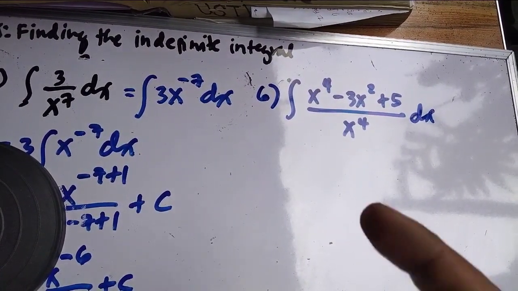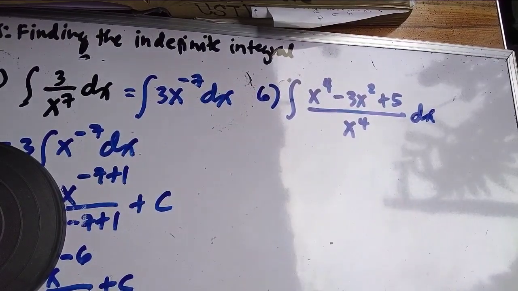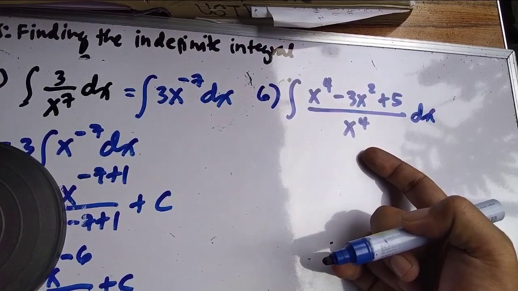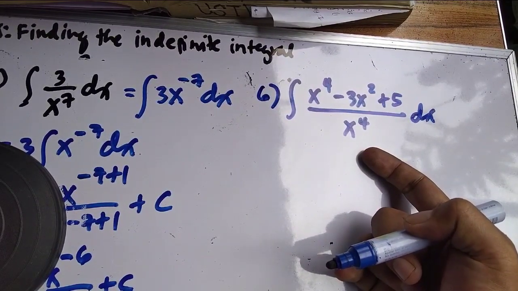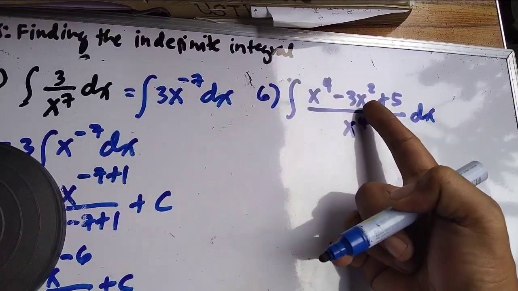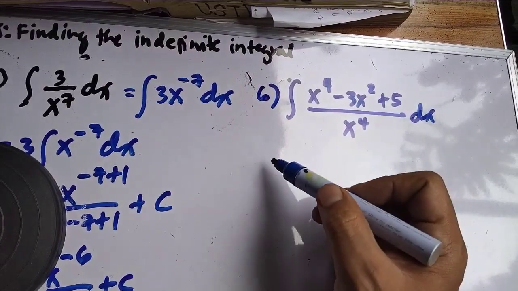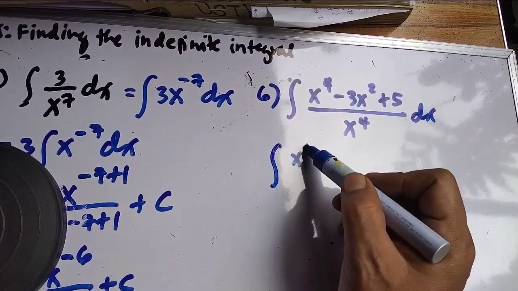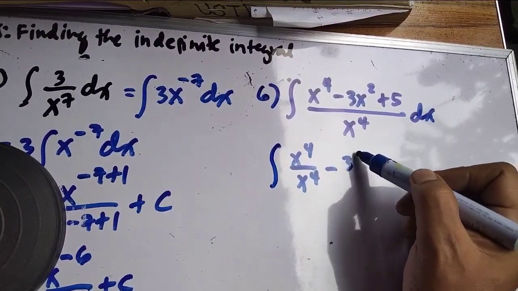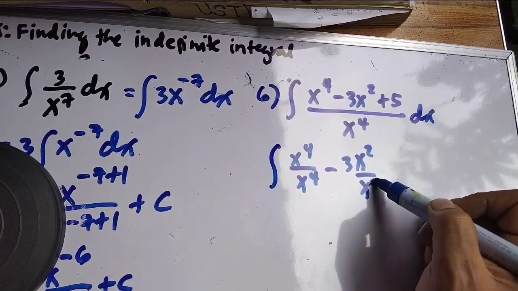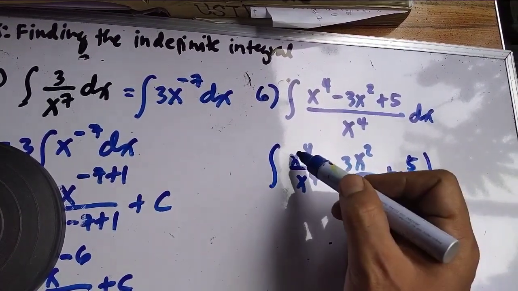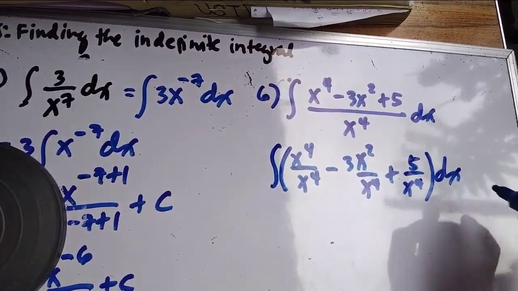Okay. Try to observe example number 6. Naa tay over nga x to the 4th. So, can we directly obtain the integral? No. So, what we're going to do is we divide each term by x to the 4th. So, what will happen? This becomes integral of x to the 4th over x to the 4th minus 3x squared over x to the 4th plus 5 over x to the 4th dx.